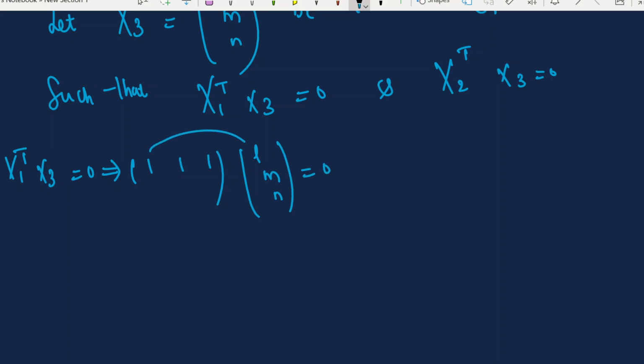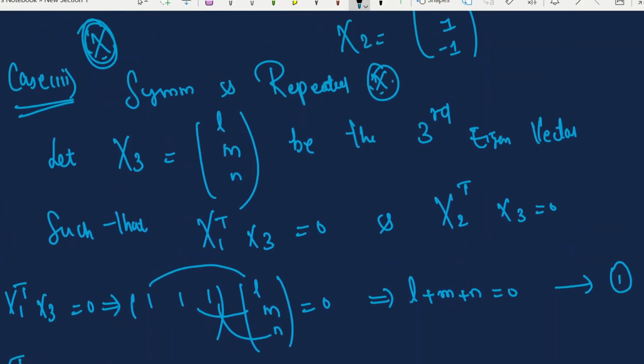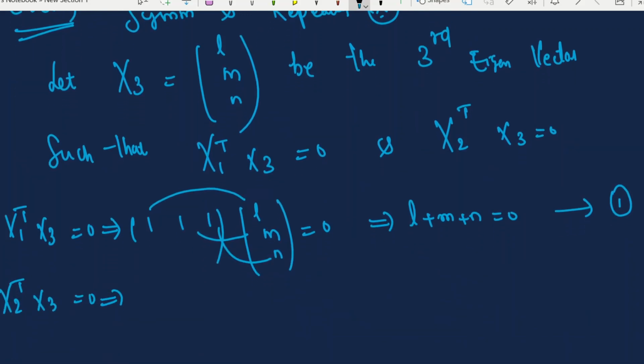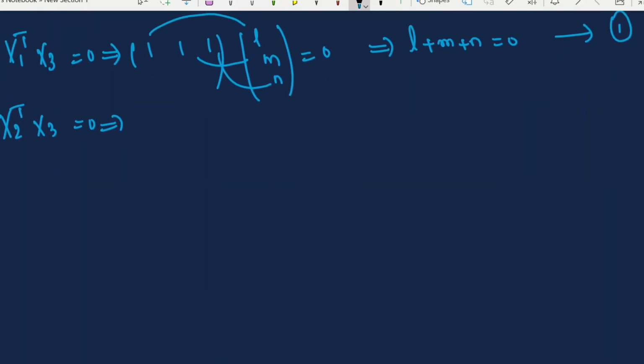So make the product: 1 into L, 1 into M and 1 into N, which implies L plus M plus N equals 0. And x2 transpose x3 is equal to 0. Our x2 value is 0, 1, negative 1, times L, M, N equals 0, so M minus N is equal to 0.